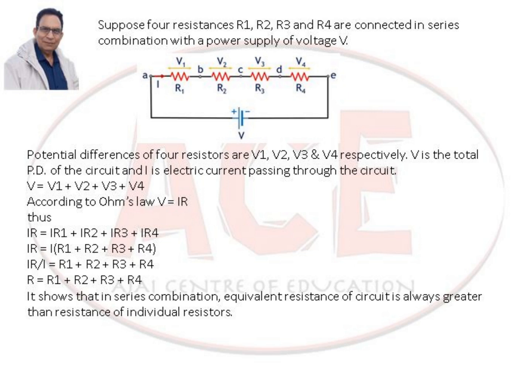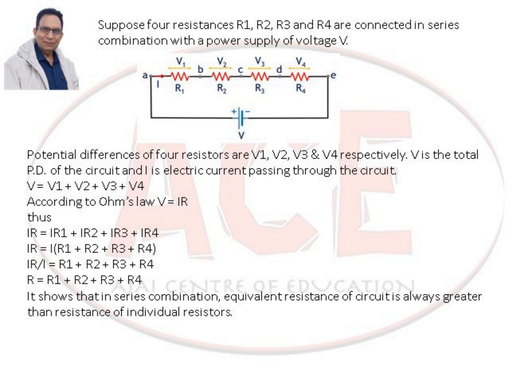According to Ohm's law, V is equal to IR. After substituting the value of V, V1, V2, V3 and V4, we get IR is equal to IR1 plus IR2 plus IR3 plus IR4. We take I common from right hand side and we get IR is equal to I within the bracket R1 plus R2 plus R3 plus R4.